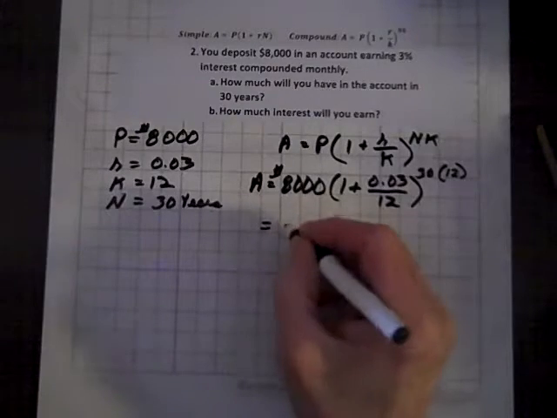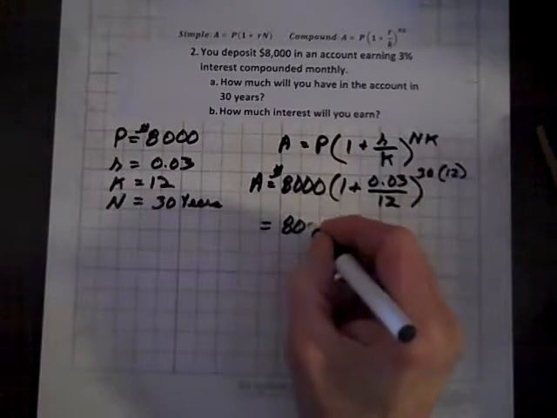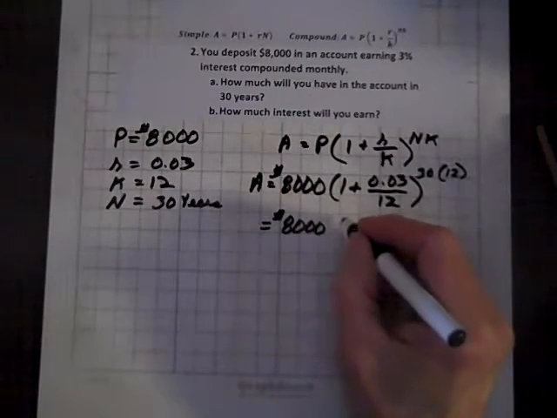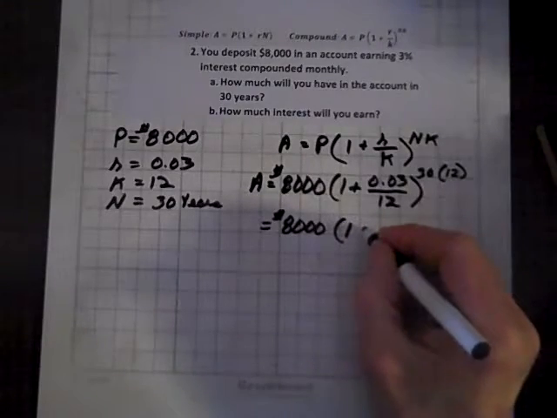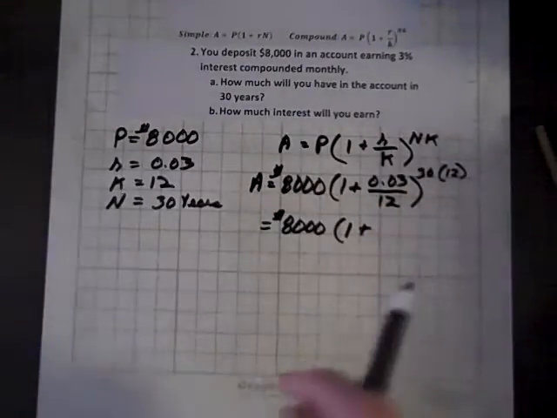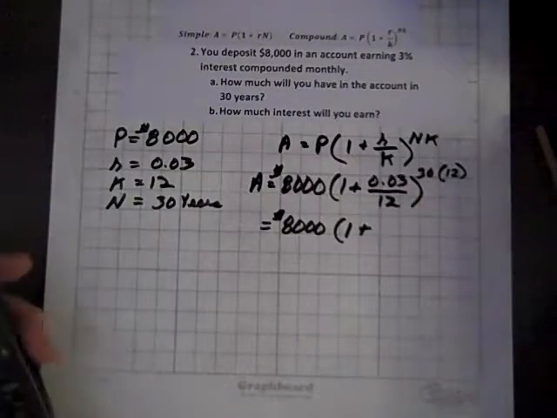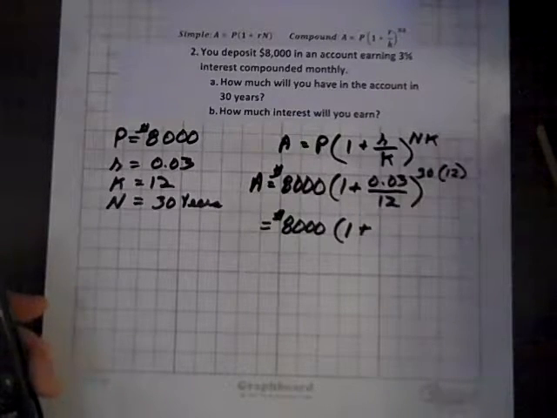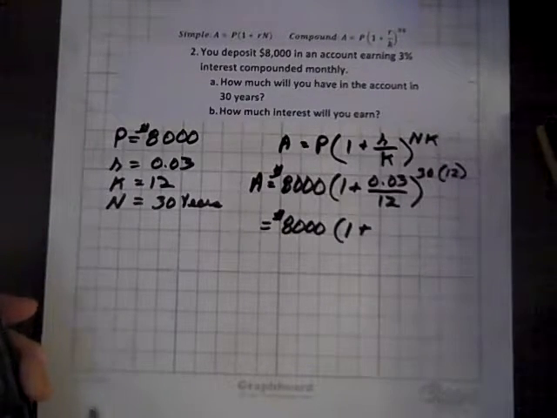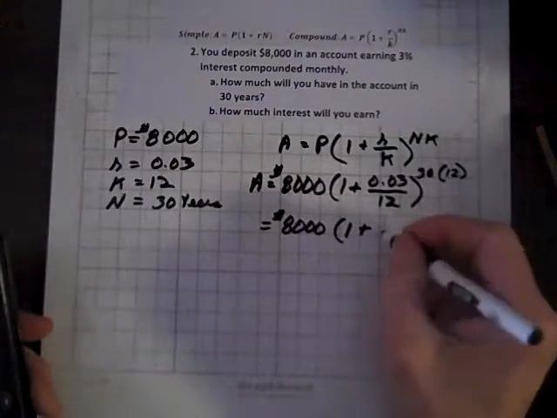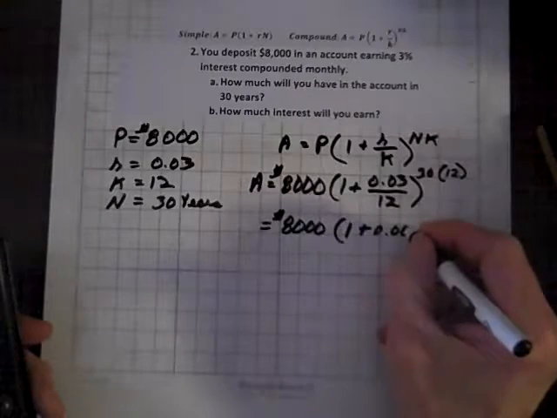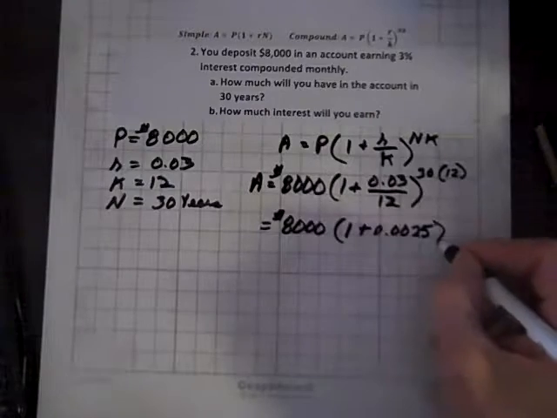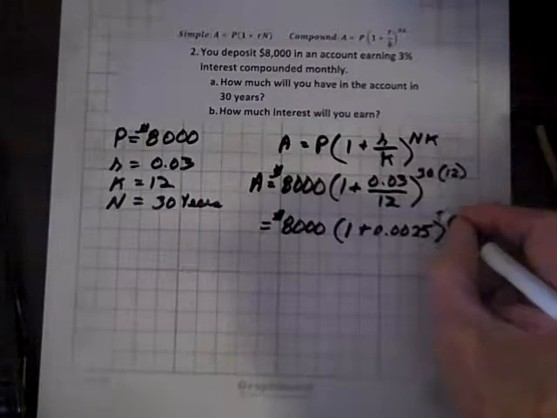So that's going to be $8,000 times 1 plus, and let's see, 0.03 divided by 12 is 0.0025. And raised to the 30 times 12 is 360.